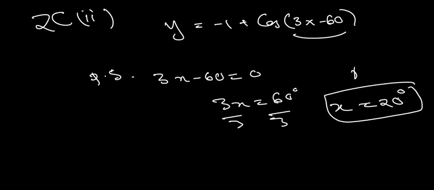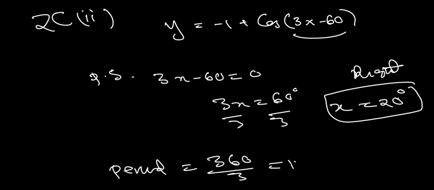To the right, because it's positive. The period is going to be 360 divided by 3, which turns this into 120. And the vertical shift that we have is just 1, which is downward.